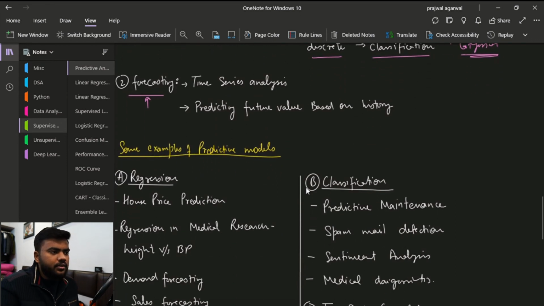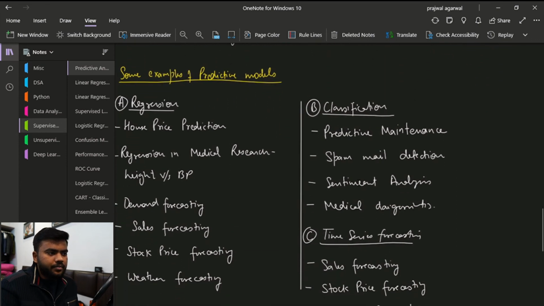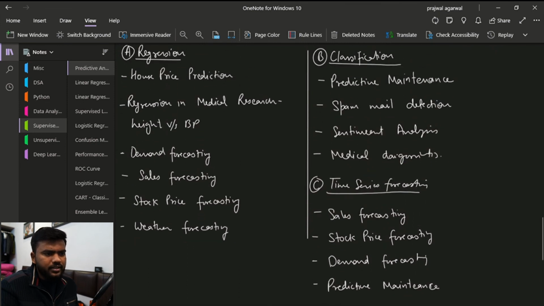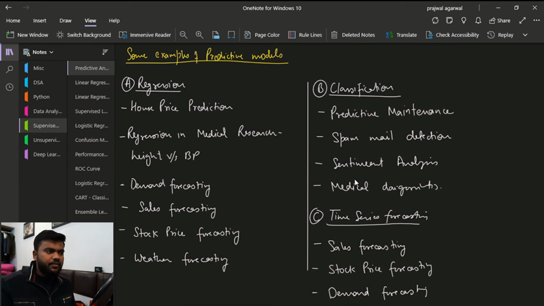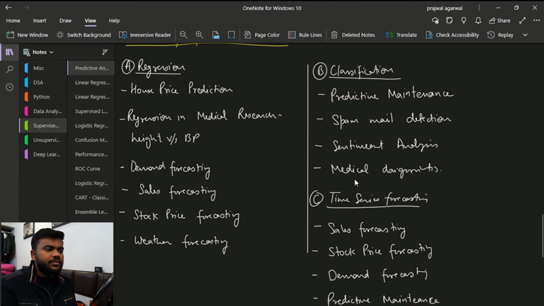Now what are some examples of predictive models? This is a small thing. Right now you may not see it through, but after you understand all the concepts, you will be able to tell which particular type of model is going to fall in which category. So regression is house price predictions, or height versus weight, demand forecasting, sales forecasting, stock price forecasting, and everything.